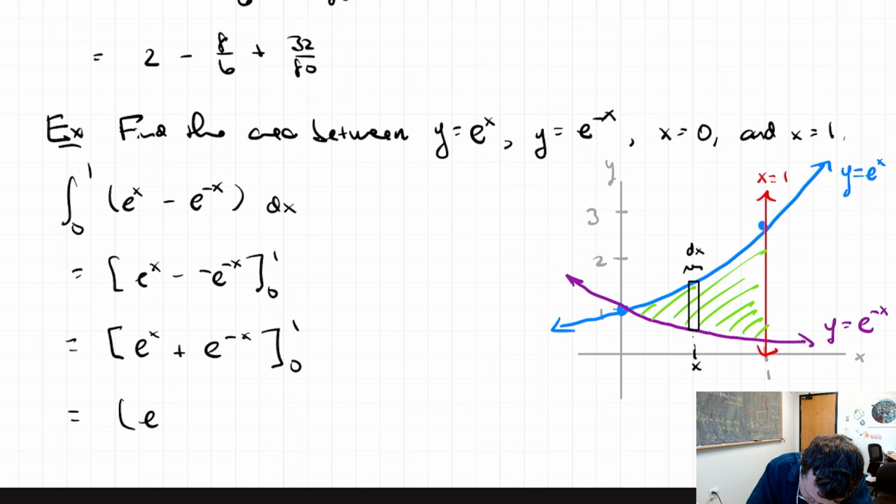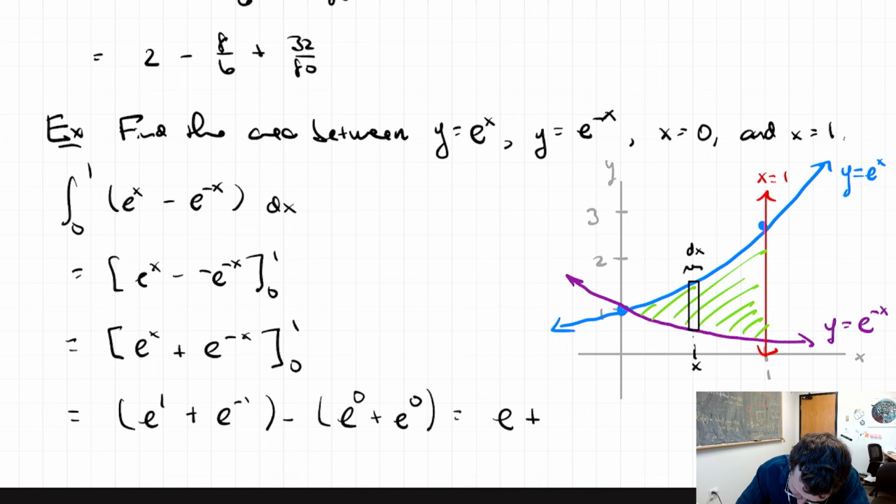So e to the 1 plus e to the minus 1 minus e to the 0 plus e to the minus 0. This is e plus 1 over e minus, well, this is going to be 1 plus 1, so it's minus 2.